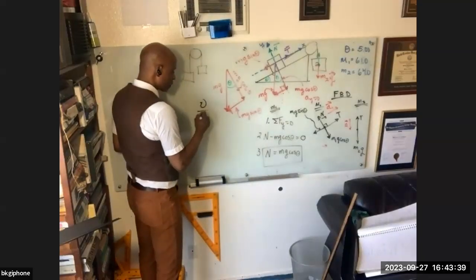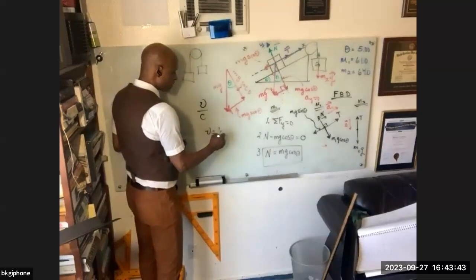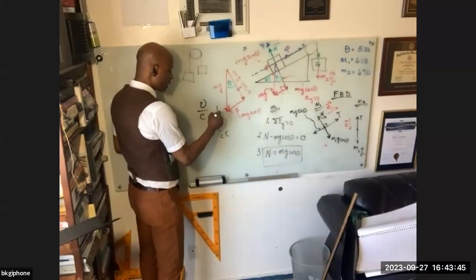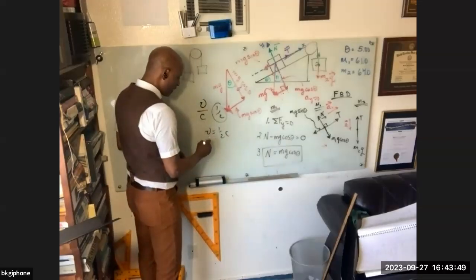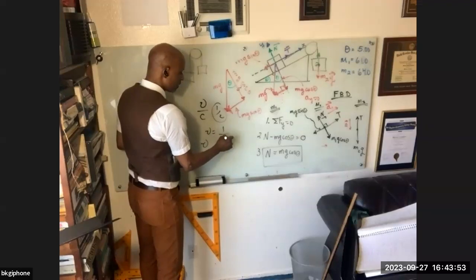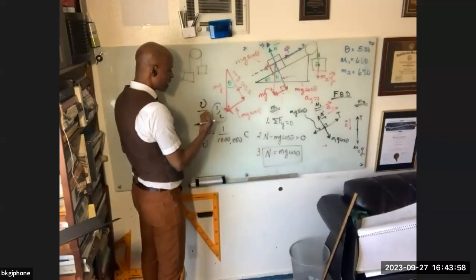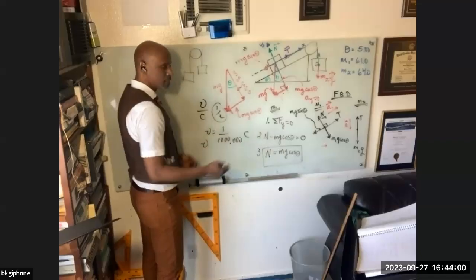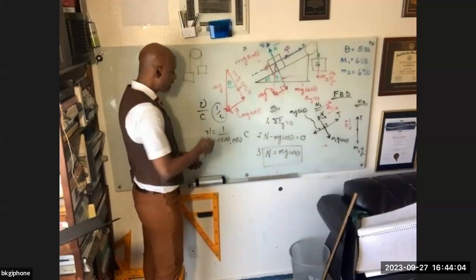V over C is a thing. If V is equal to 1/2 C, then this quantity is 1/2. That's something you can't throw out. But when V is something like 1/100000th of C, then you've got 1/10000000th. So 1/2 is a whole lot bigger than 1/1000000000.